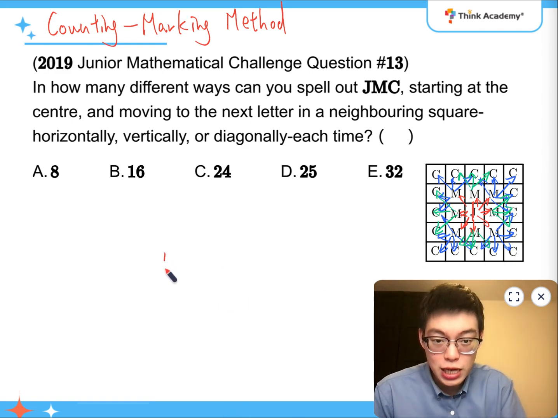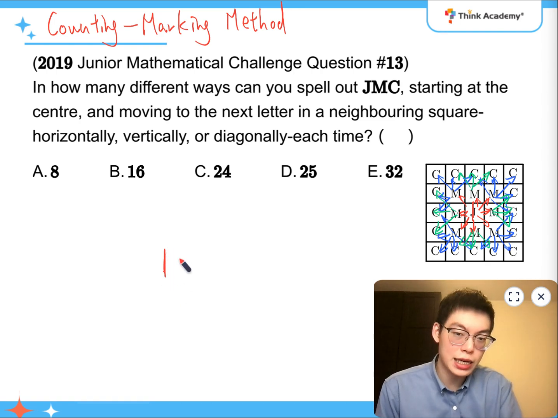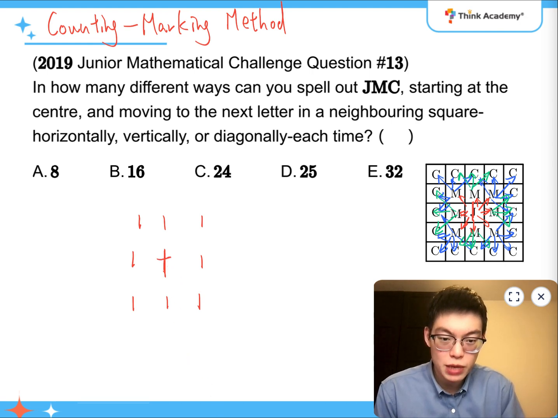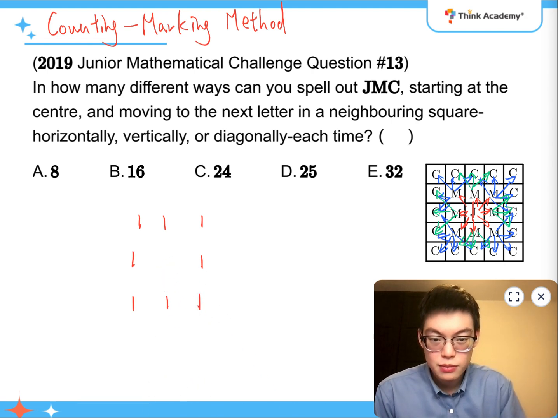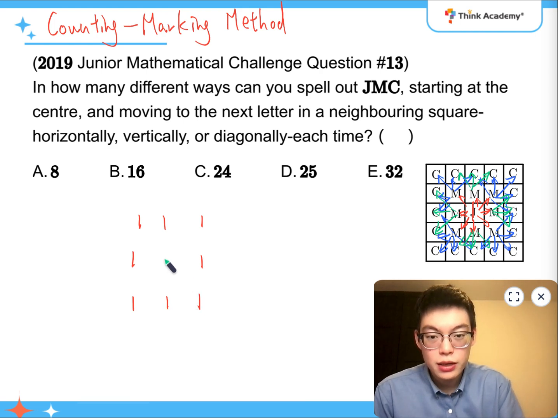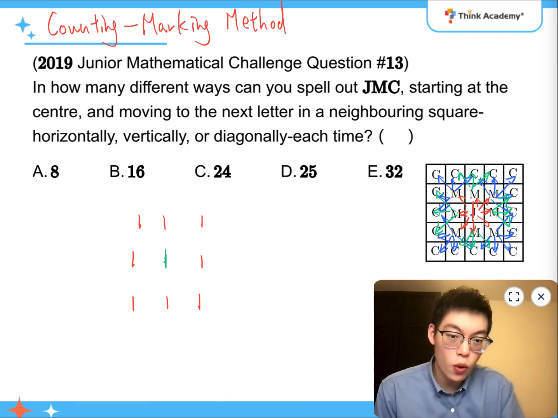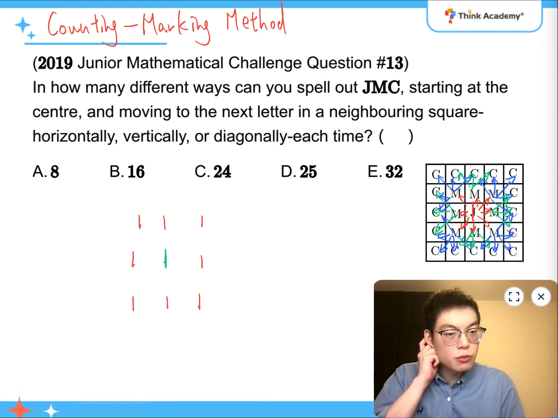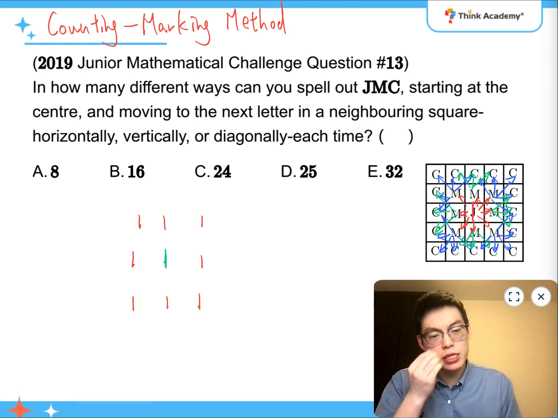So starting from J, I have 1 way that I can get to J, right? And also I know that I have 8 ways to get to the M's around it. So that's J. Maybe I should use a different color. Say I should use green for J. And then I know that there can only be 1 way I can get from J to each of the M's, right?